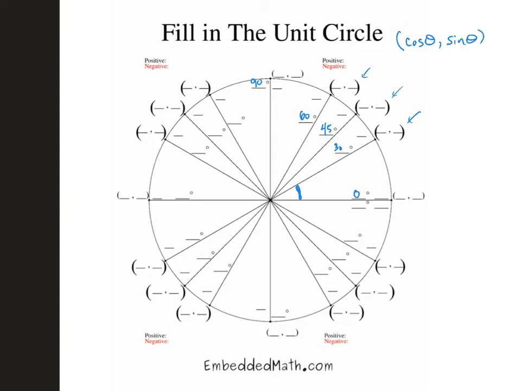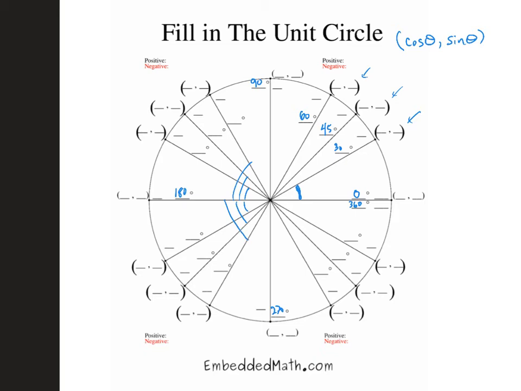Let's go ahead and put all those quadrantals in. 90, 180, 270, and then I'm back at 360. Now, I need reference angles for every single one of these things that are coming on here. The reference angles are going to be 30, 45, and 60, and that's true all the way around. The reference angles will always be 30, 45, or 60.